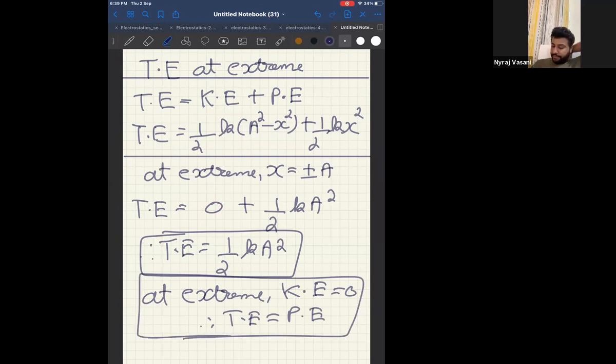Therefore, my total energy will be equal to potential energy. Got it?